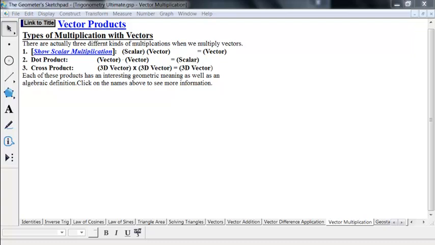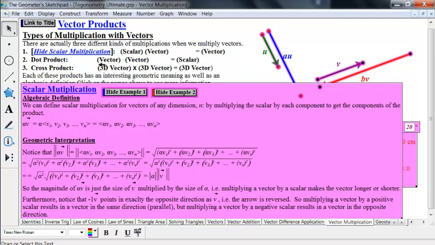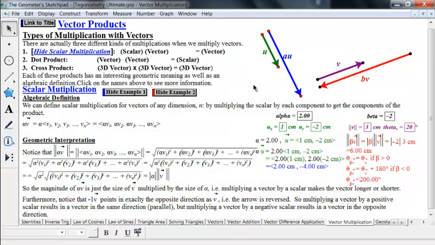Now each of these has an interesting geometric meaning as well as an algebraic definition. So let's look at scalar multiplication. We're going to define scalar multiplication algebraically. We can do it for vectors of any dimension n, by multiplying the scalar by each component to get the components of the product.